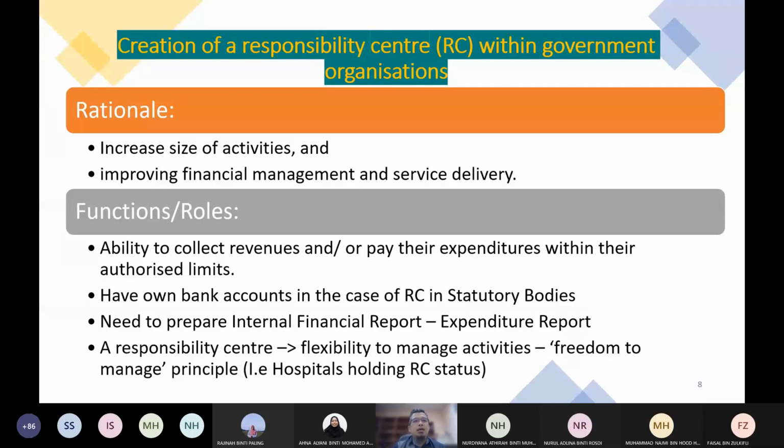You can see the rationale to create a responsibility center: an increase in the size of activities, let's say ICT. For instance, last time, women's issues had no Ministry of Women, but during the time of Pak Lah, the Ministry of Women was established. Within that, there are also many new services developed based on the needs of the country.